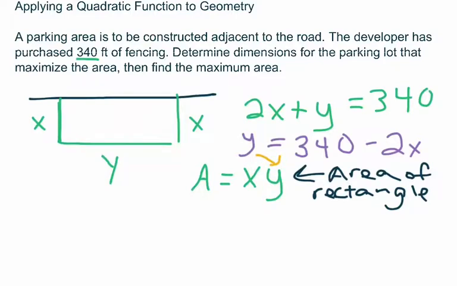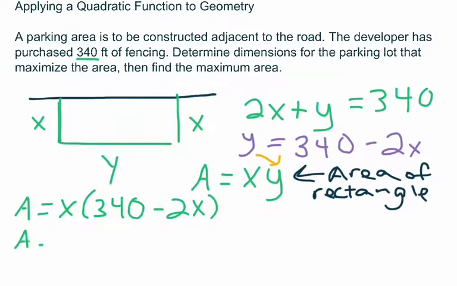So then I have area equals x times 340 minus 2x. I can distribute the x to get area equals 340x minus 2x squared, which you'll probably recognize as a quadratic function.